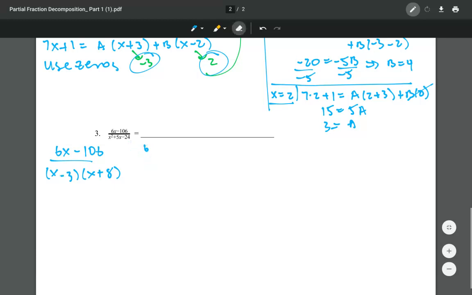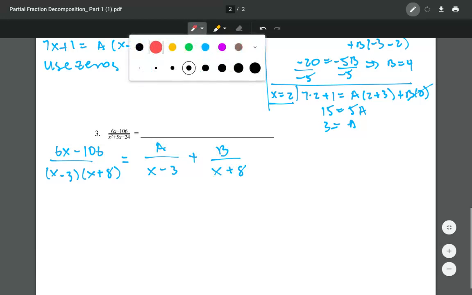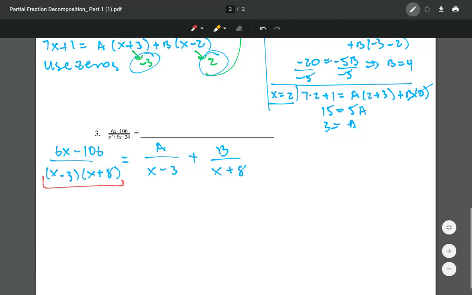Okay, let me get rid of these. I've got room for my template. Equals A over x minus 3 plus B over x plus 8. I'm going to multiply in my missing factors for the common denominator. My first fraction is missing x plus 8.